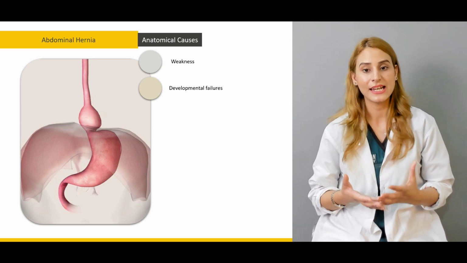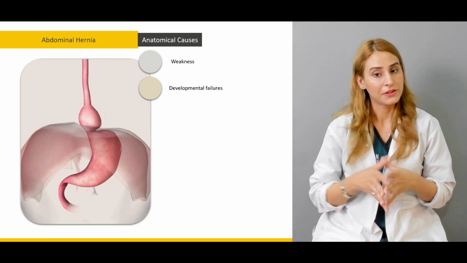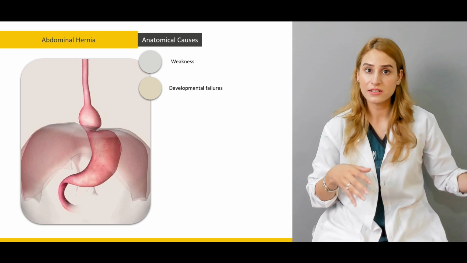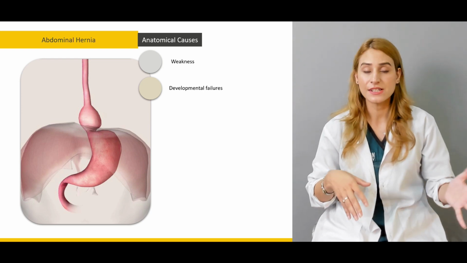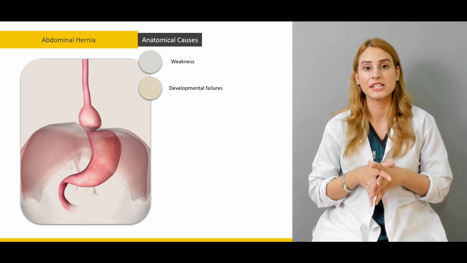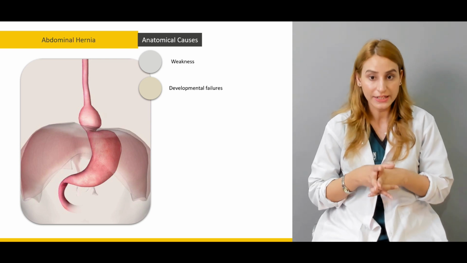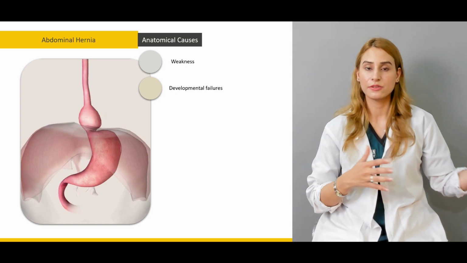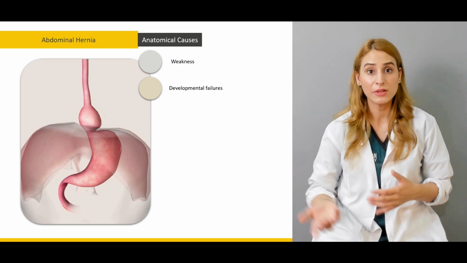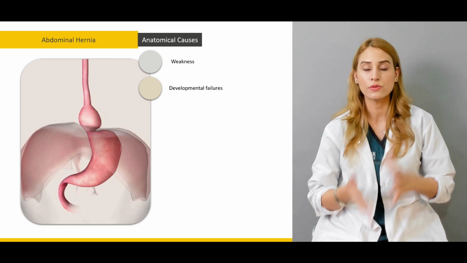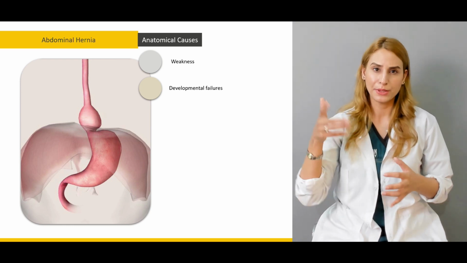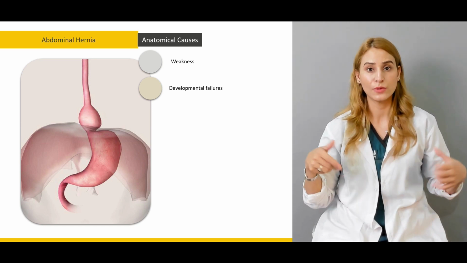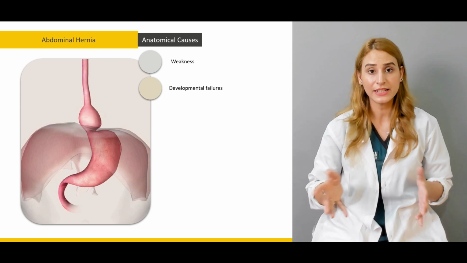Because of that weakness, there's always a potential for the contents, the organ or the viscera, to herniate from that particular site or defect. So one cause is the weakness. The weakness can be genetic, including the collagen vascular diseases, or can be acquired because of surgery, because I already told you that whenever we cut the abdomen, we go deep inside and cut the muscles, or the rectus sheath, or the linea alba.